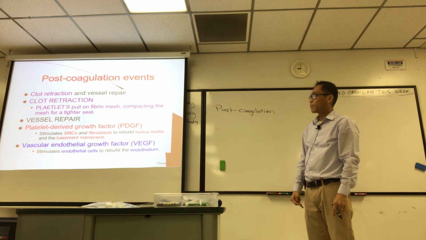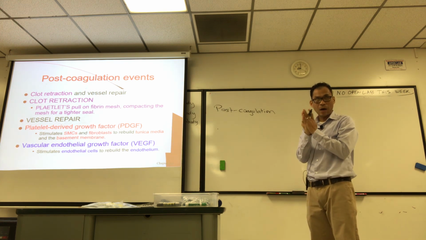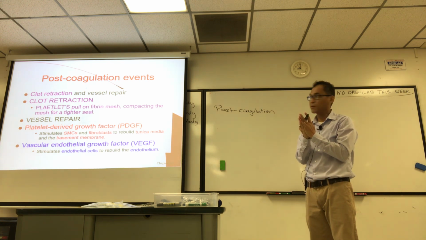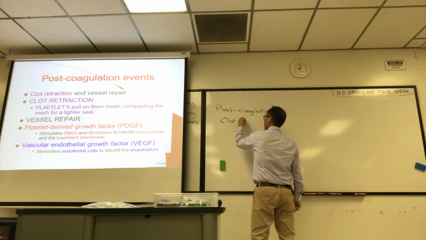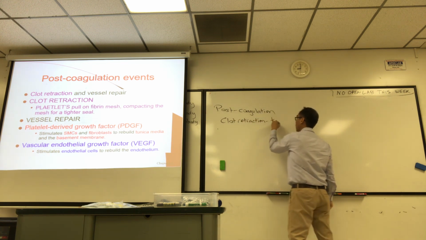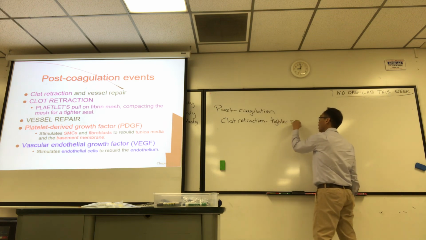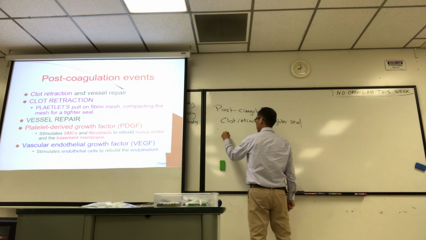The platelets pull in the fibrin mesh, compacting for a tighter seal, helping to bring the damaged tissues together. All right, so the vessel repair process can then begin.